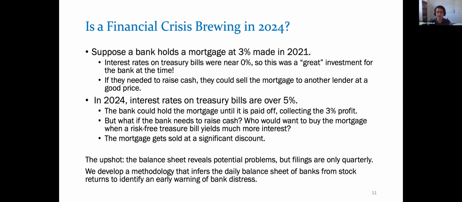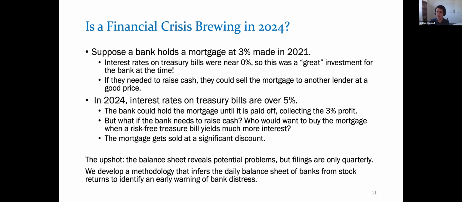So a bank making a 3% mortgage is great for them because they collect 3% on whatever they lent you, and that is way better than they could get by just parking their money in a treasury bill. And just in case the bank had some financial difficulty and needed to raise cash really quickly, they could take that mortgage and sell it to another financial institution. It would be worth a lot because it's at interest rates much higher than the interest rate that the Fed gives, and people are happy.